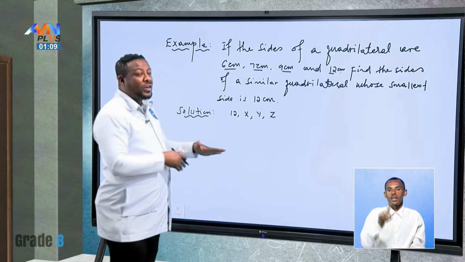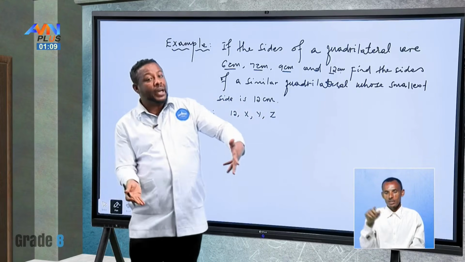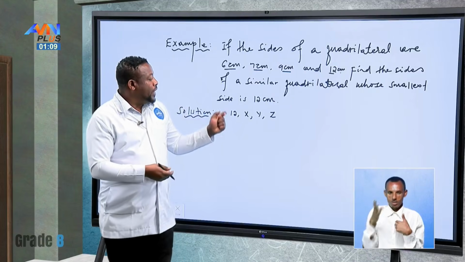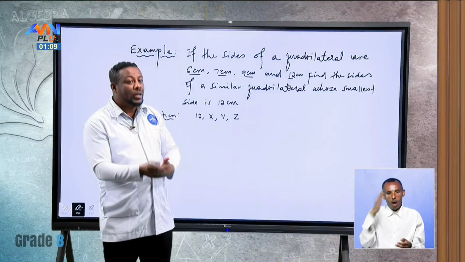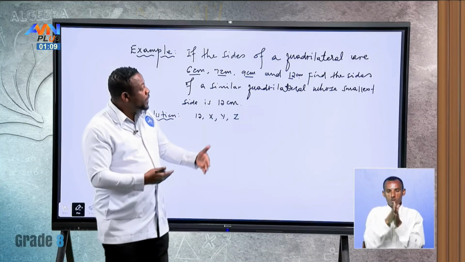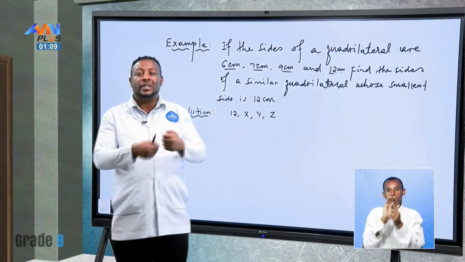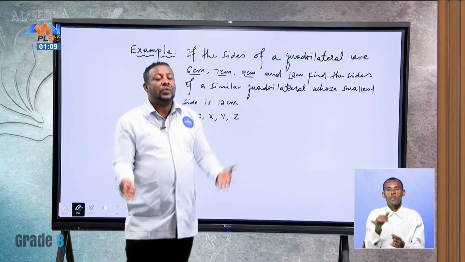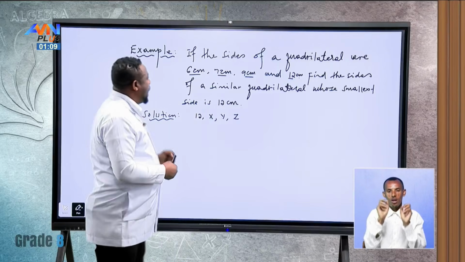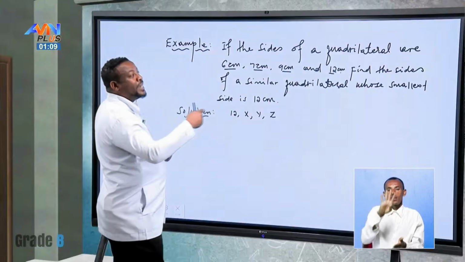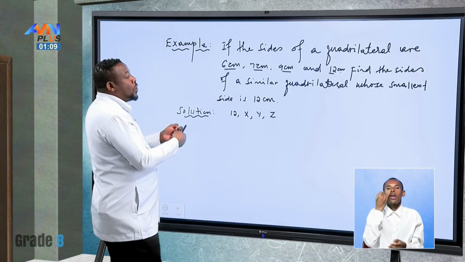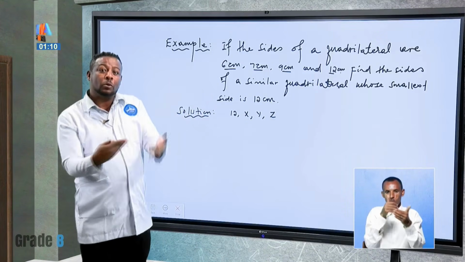Since it's a quadrilateral, we need to have 4 sides. So if these are the sides of the unknown quadrilateral, we need to apply the second condition for similarity of a quadrilateral. Okay, so these two quadrilaterals are similar if the ratio of their corresponding sides are proportional.